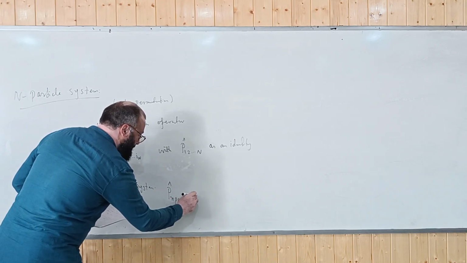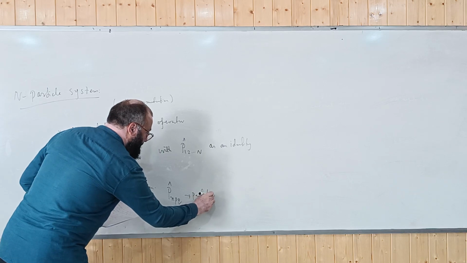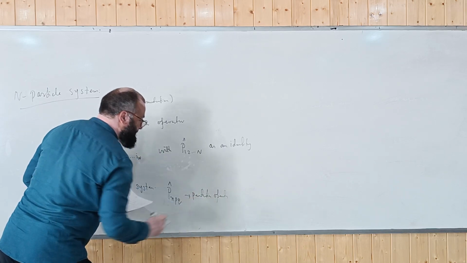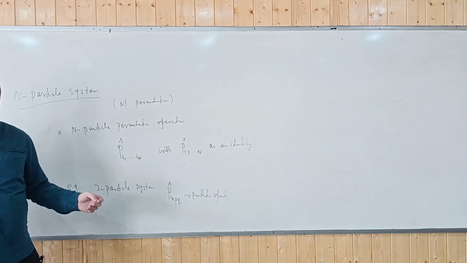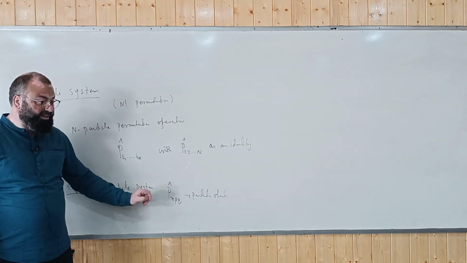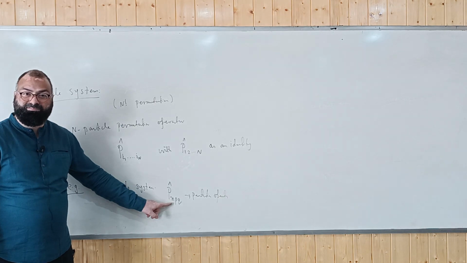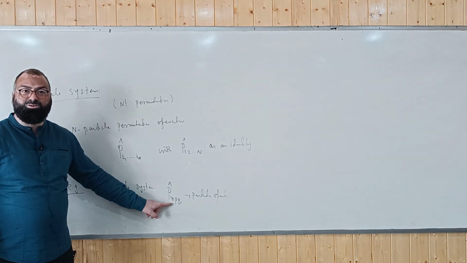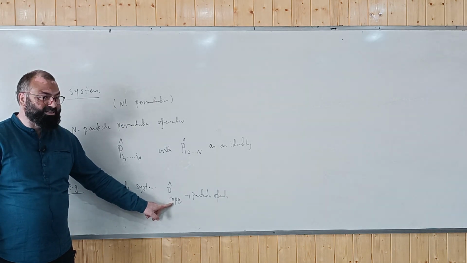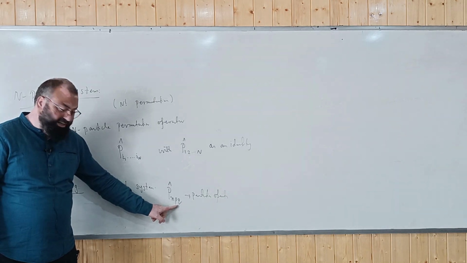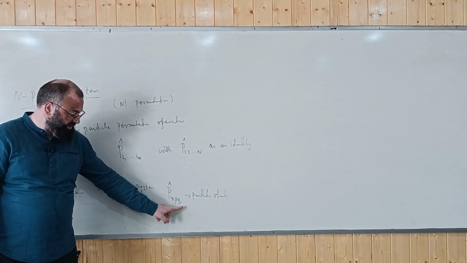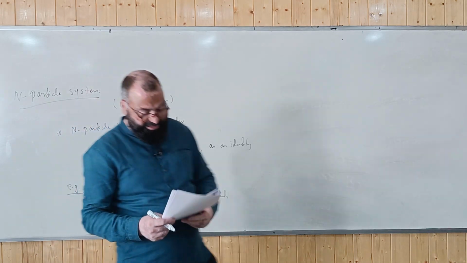It's a permutation operator for 3 particles. Let's interpret this operator. Let's say you have an nth state. It means you put the nth state at the first place, you put the pth state at the second place, and you put the qth state at the third place. So let me write it.